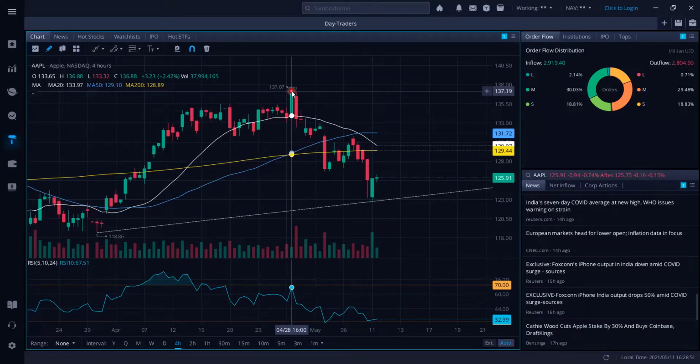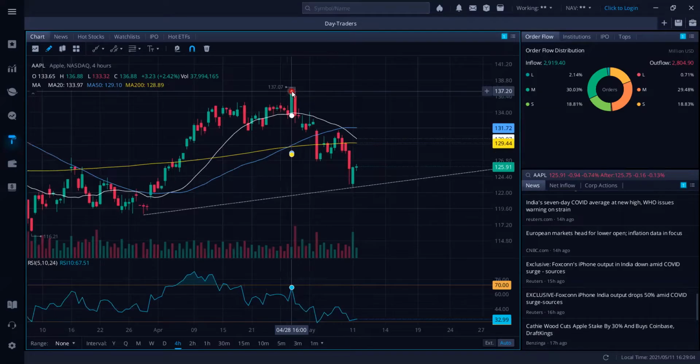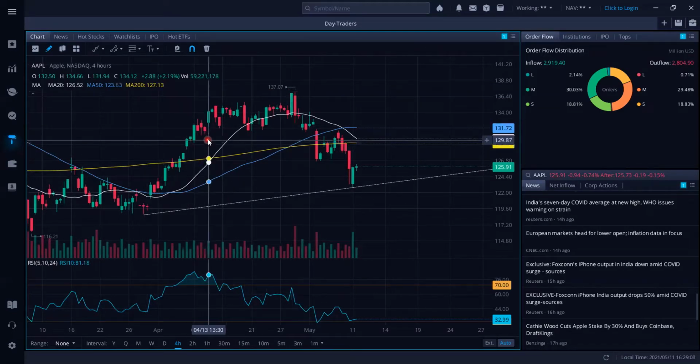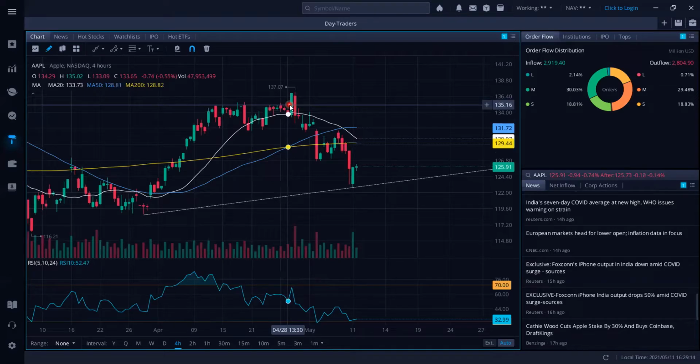I got a question. Why is it overbought by the 9th, but it's not overbought by like the 27th at that higher price here?